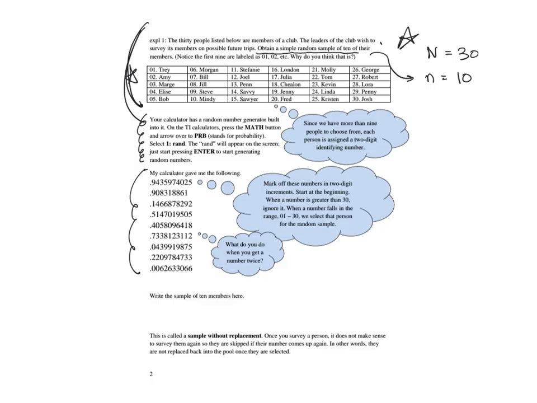So I have listed out my frame. And again, this listing of every population member is our frame. And you'll notice I listed people using 2 digits, so 01, 02, 03, and so on, until of course you got to Josh there at the end, who is number 30.